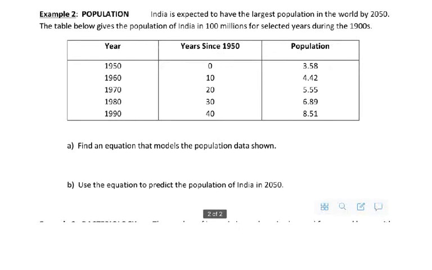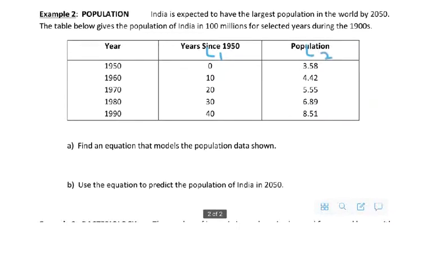We usually like to do years since something. So we're going to do years since 1950, so that's why 1950 is 0, 1960 is 10, and then 20, 30, 40. This is going to be our input, and that'll go into list 1, and this will be my output, and it'll go into list 2.